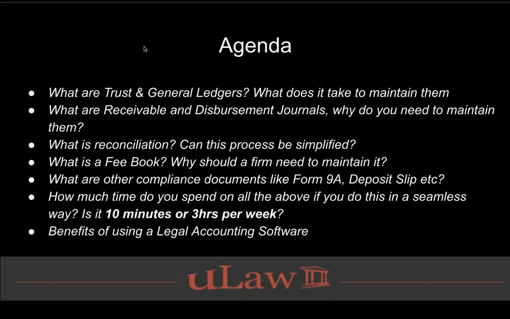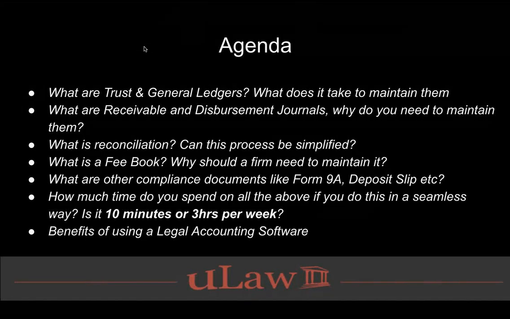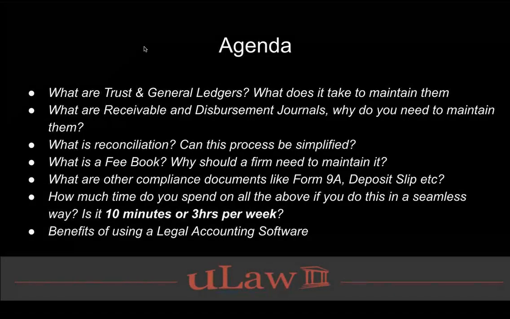All right. So as you all know, accounting plays a vital role in ensuring that your journals and ledgers feed in the right information, which in turn helps you reconcile your books.